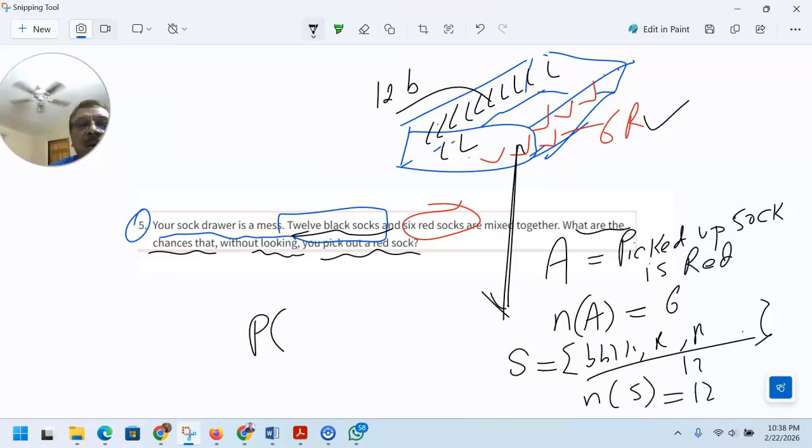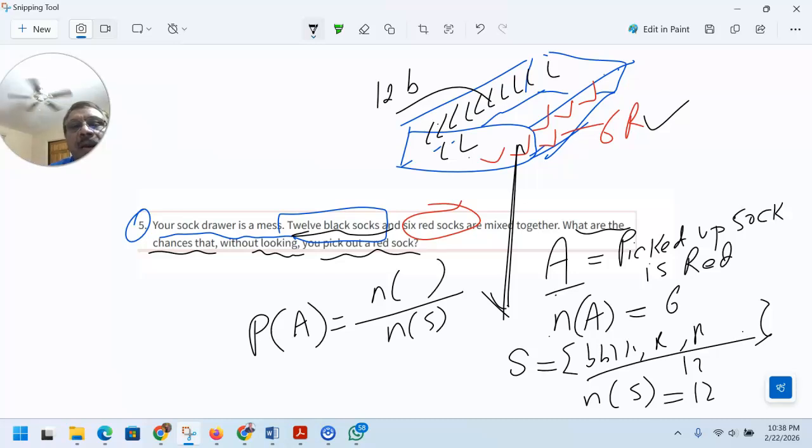So the probability of pulling a red sock, where A stands for red, is n of A divided by n of S. The top one is the number of outcomes, that means how many red socks there are. So we write 6 out of, altogether, 12 plus 6.